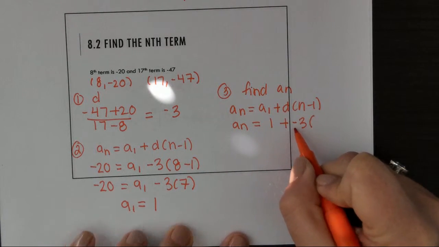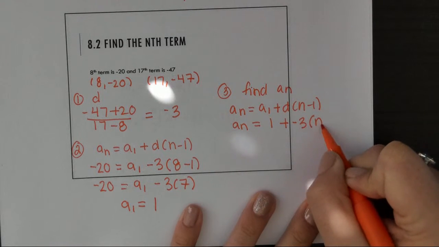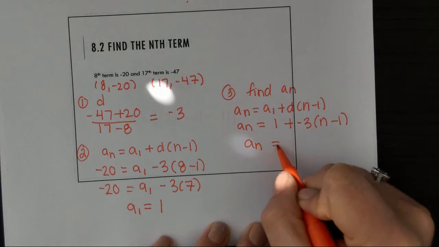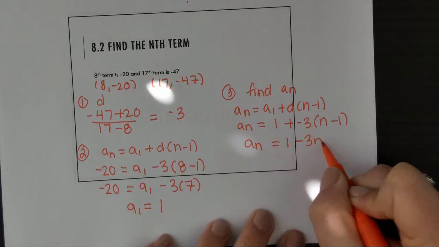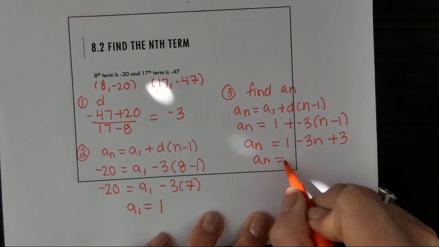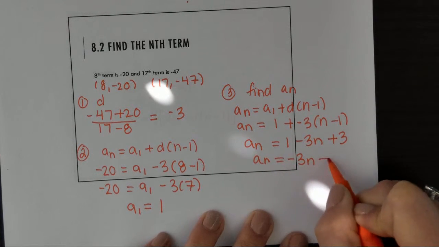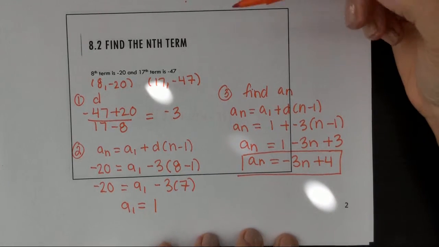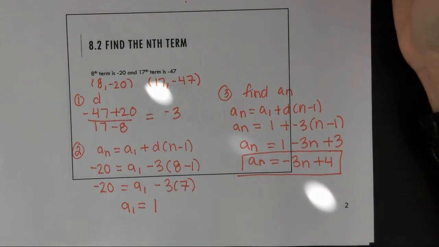I should have written minus 3 there, times n minus 1. So a sub n equals 1 minus 3n plus 3, which simplifies to negative 3n plus 4. So that is our formula for the nth term, given two different terms in the sequence.